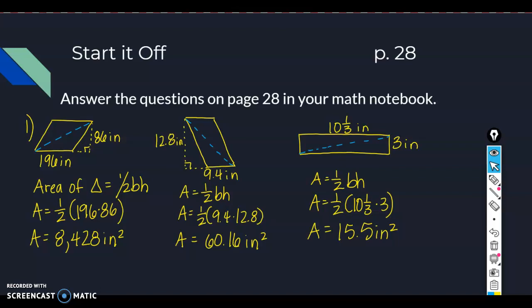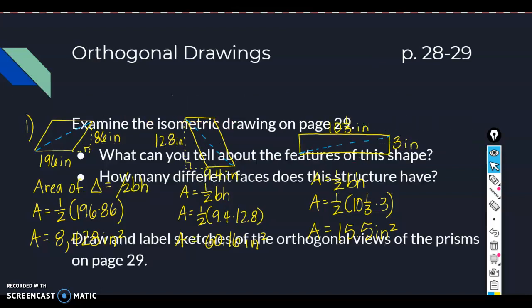So you see that for each of these parallelograms, I have drawn a blue diagonal through these figures to create 2 triangles. The area of a triangle is 1/2 base times height. So plugging the numbers in, the base and height, to my formula, for number 1A, I have the area of 8,428 inches squared for each of the triangles.